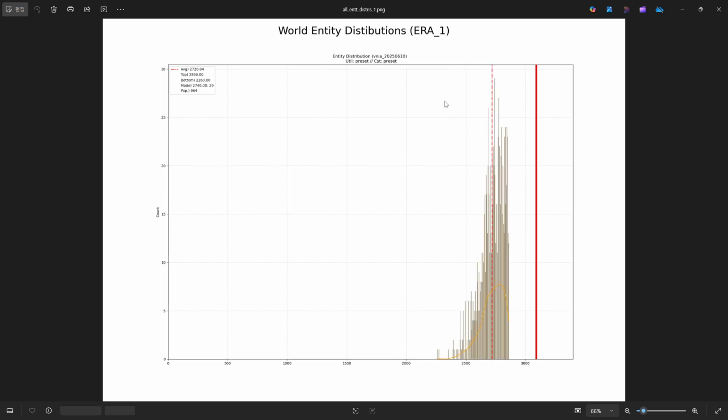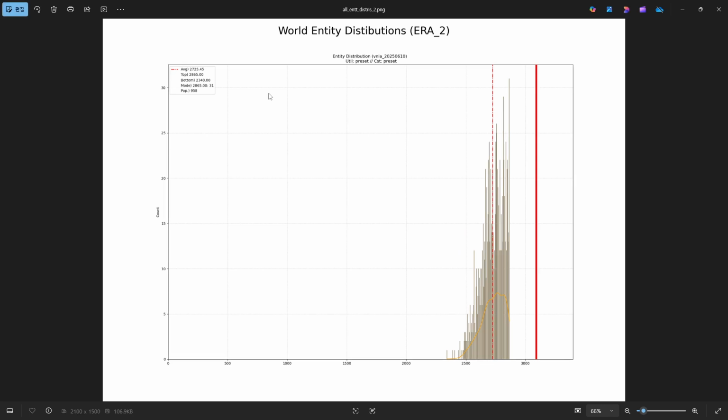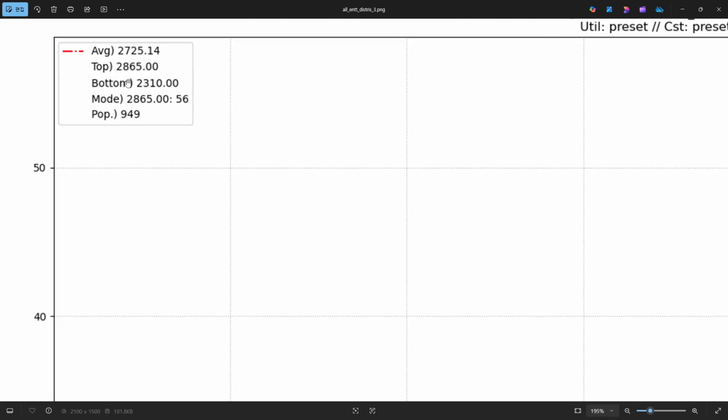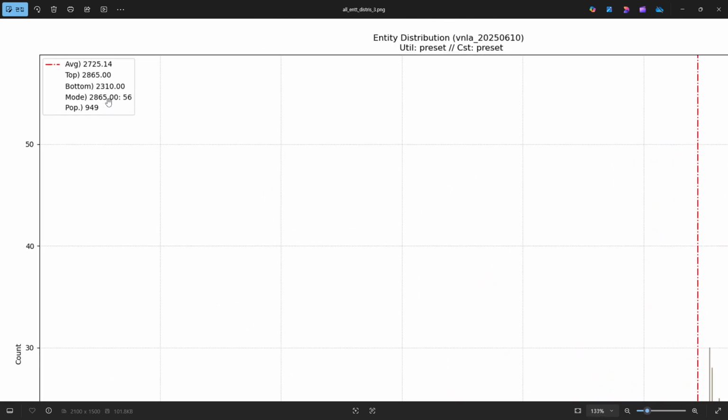But anyway, since I'm doing everything in one go, 1000 entities, well, starting with 10 entities, but quickly going up to 1000 entities, you can see that many entities have actually converged very early on, as early as between generation 200 and 300. See, you can already see that the top entity has 2865, and that's actually the mode.